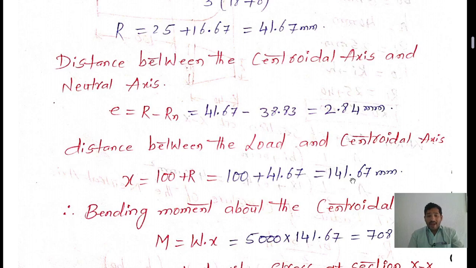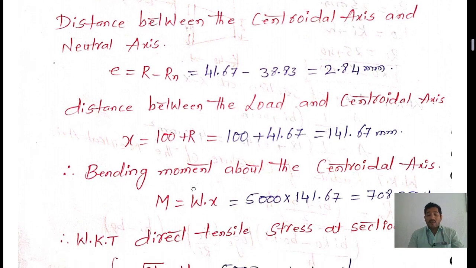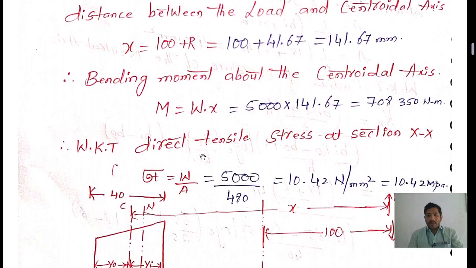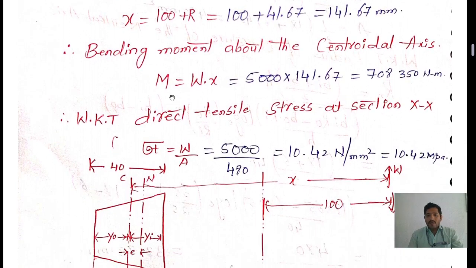After getting the distance between the load and the centroidal axis, we want to find the bending moment about the centroidal axis. For that, we use the formula load times distance. How much load did we apply?